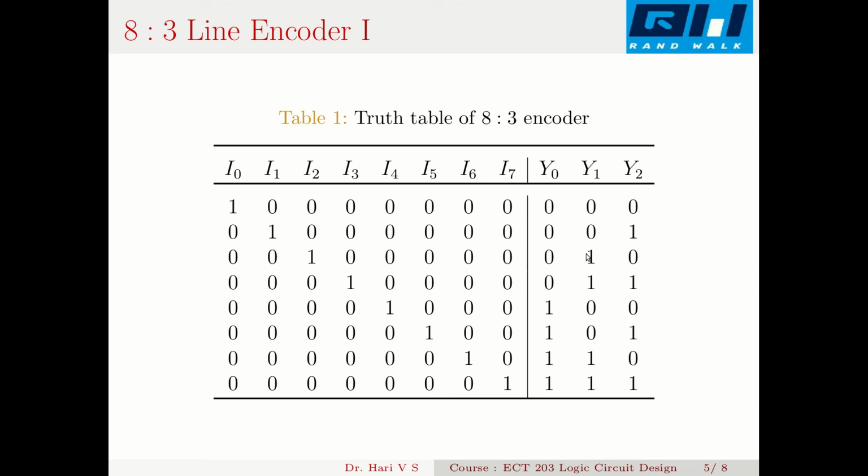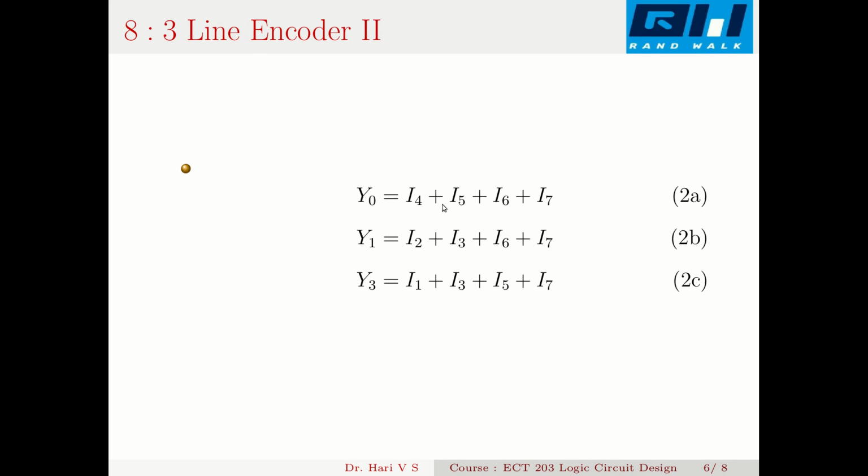Now the design of this circuit is very simple. This is just an extension of the previous 4 to 2 encoder. Now this Y0 is high for the last 4 cases, so it is I4 or I5 or I6 or I7. That is where it becomes 1, and that is equation number 2a.